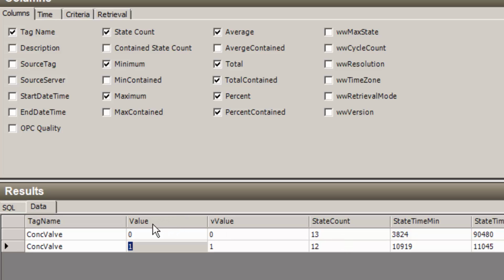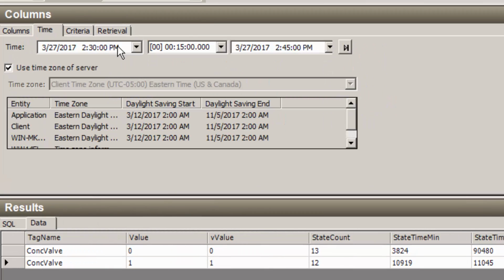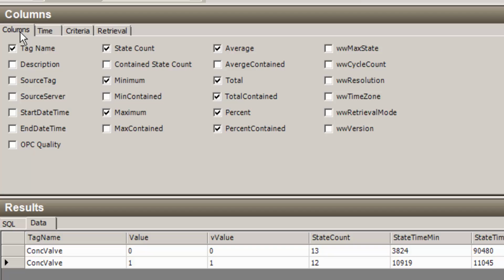So that is the first column, the value column. My time is being configured for 2:30 and 2:45 as my start and end time with a 15-minute duration. So going back to columns, my value column signifies 0 and all the pertinent information for that, and the next row signifies 1, with the information of when it was on.